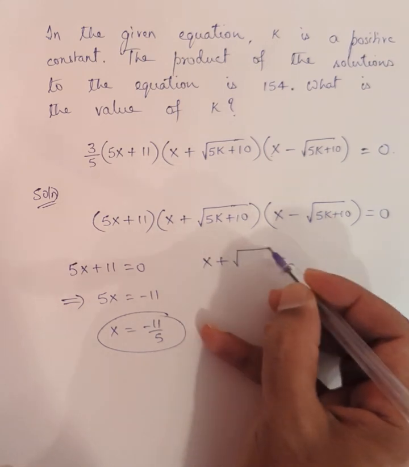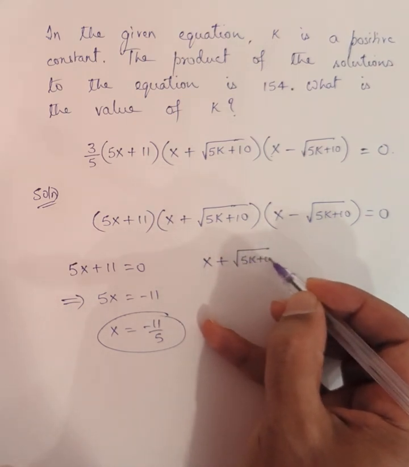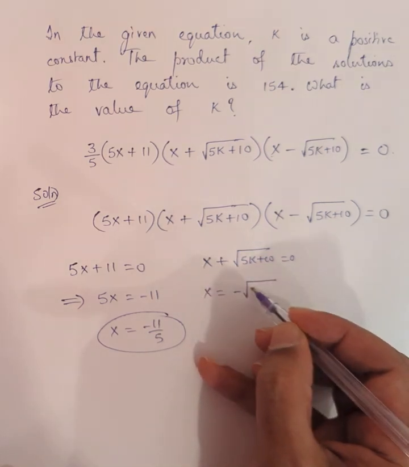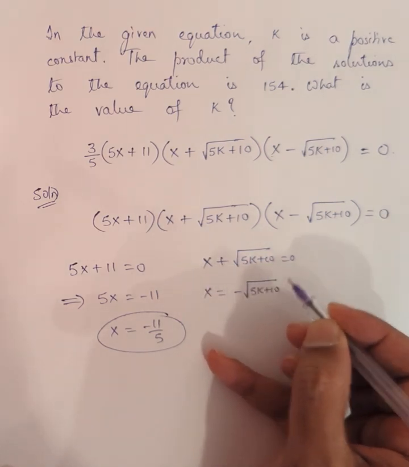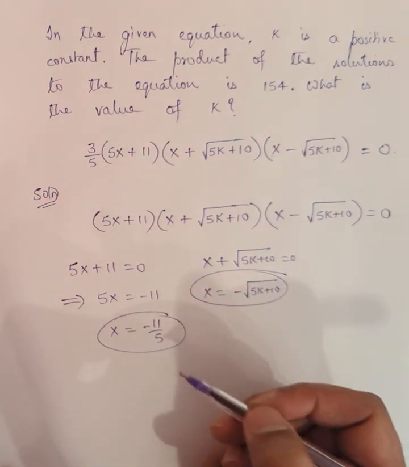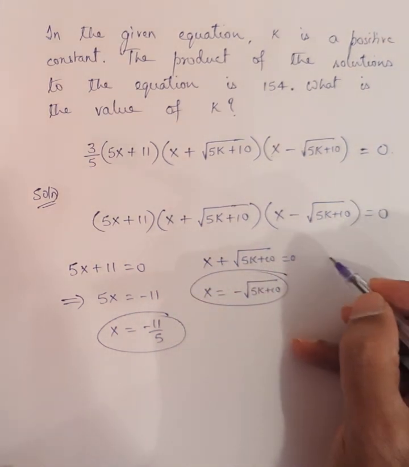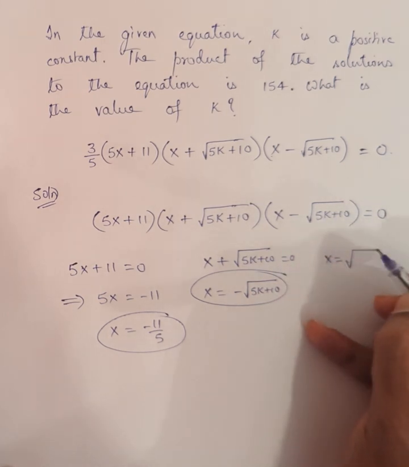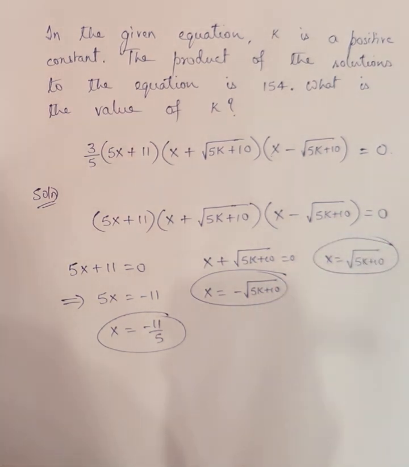So if I set that equal to 0, then I simply get x equals negative square root of 5k plus 10. So that's another solution. And from here, I get x equals positive square root of 5k plus 10. So that's my third solution.